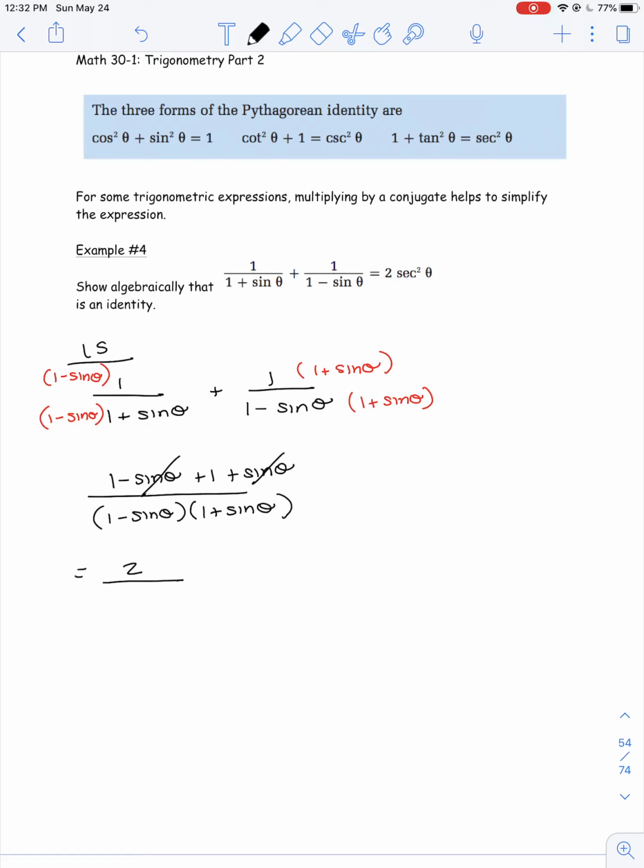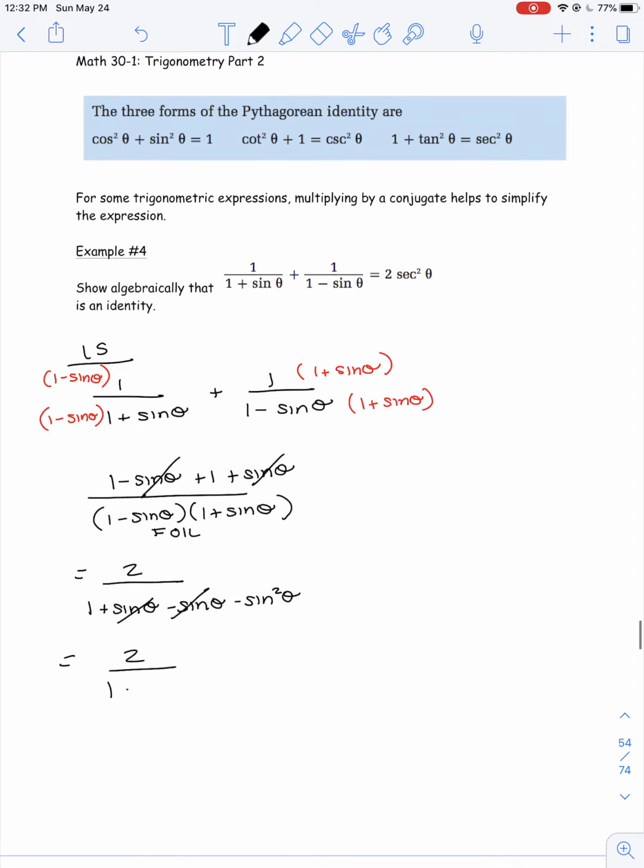So at the bottom, if I actually multiply and do FOIL for the bottom, I'm going to get 1, and then plus sine theta, and then minus sine theta, and then minus sine squared theta. So these guys will cross each other off, leaving us with 2 over 1 minus sine squared theta.